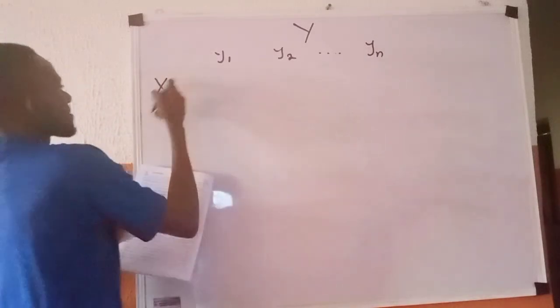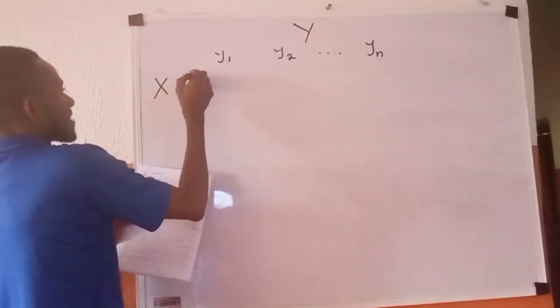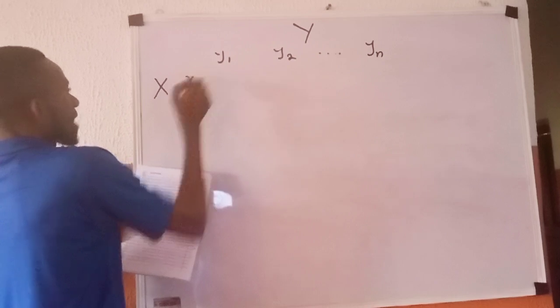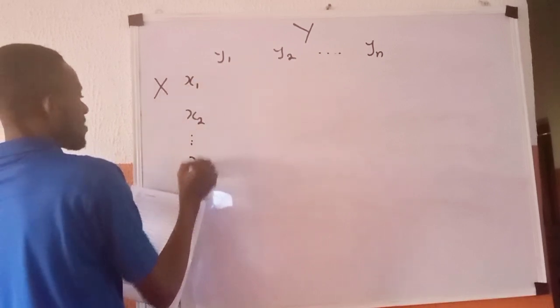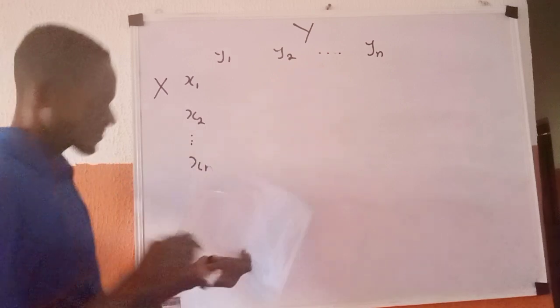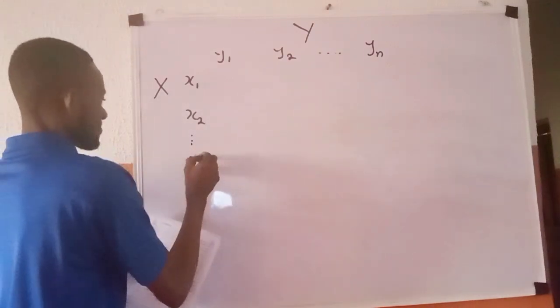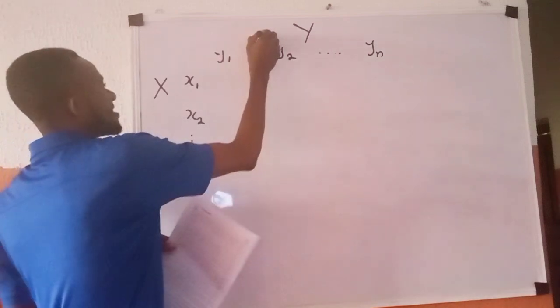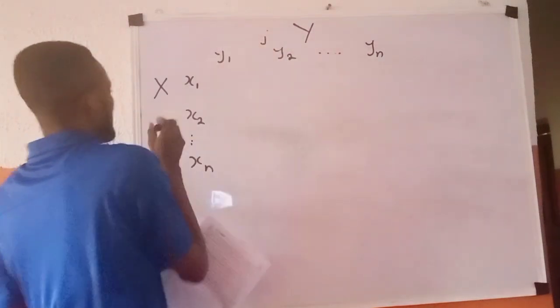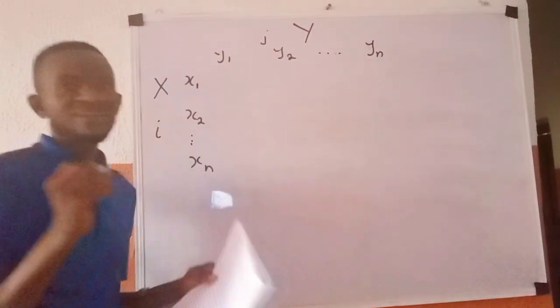And of course, this x, which is a random variable, takes values x1, x2, down to xn. Let me put something like j here and put something like i here.